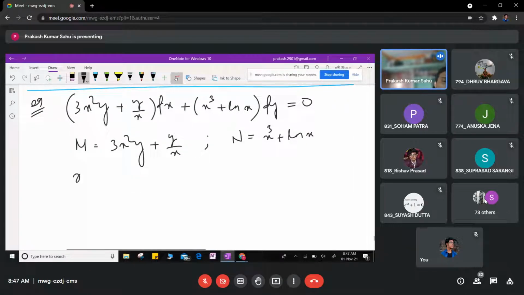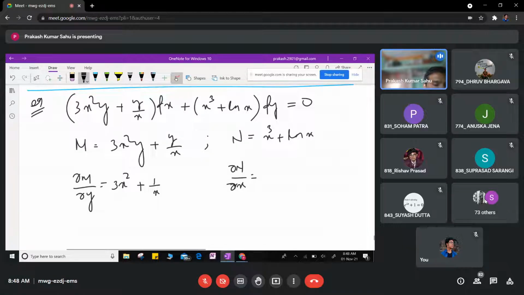So what we have to do? We find derivative of M with respect to y and derivative of N with respect to x. ये दोनों find करना है, and we have to check these two are same, then it will be exact. So del M by del y क्या होगा? Partial differentiation with respect to y. So x is constant, so 3x square taking outside, and y का derivative will be 1. Then plus y by x, so 1 by x taking outside, y का derivative also 1.